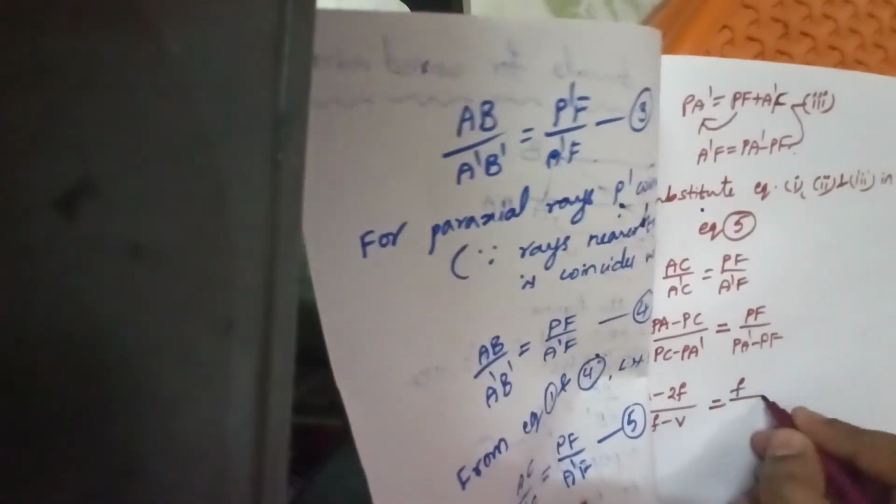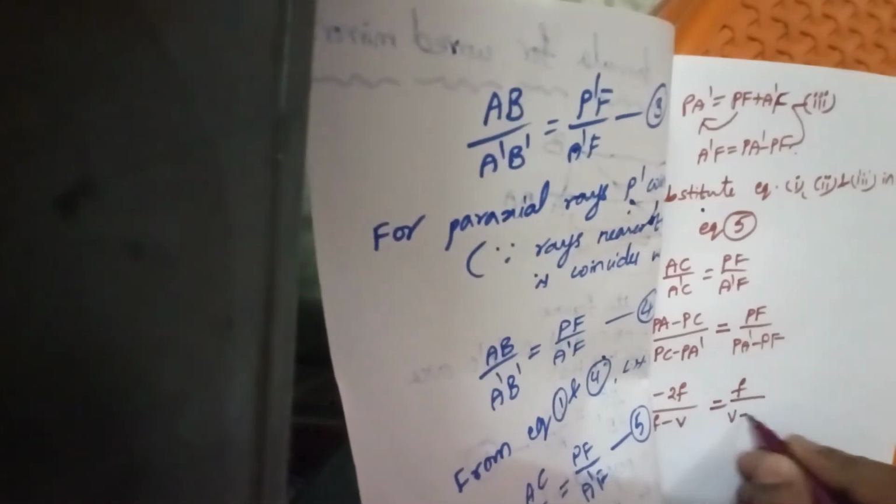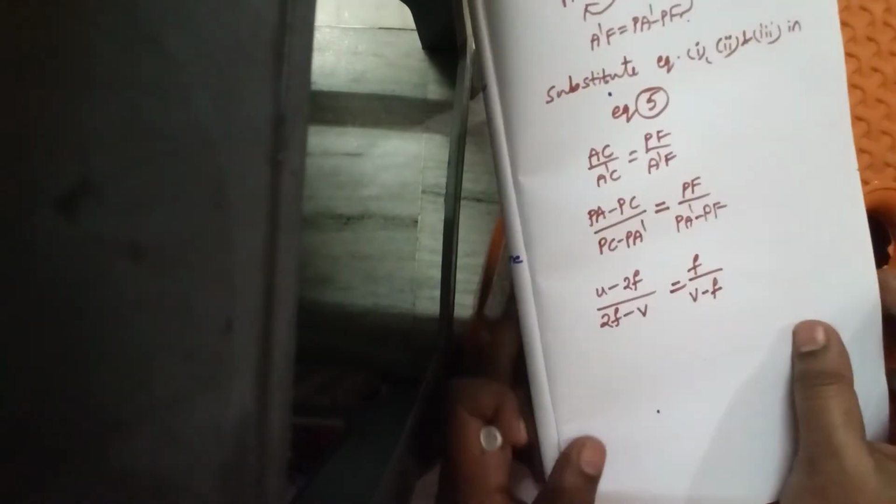PF, focal length, F. PF is equal to F, and PA dash is image distance and PF focal length. This we know, and just mathematical solution here. Then we will get the relation between focal length, image distance and object distance, because here we got all the values in the form of image distance, object distance and focal length. Just solve this, just a mathematical solution.